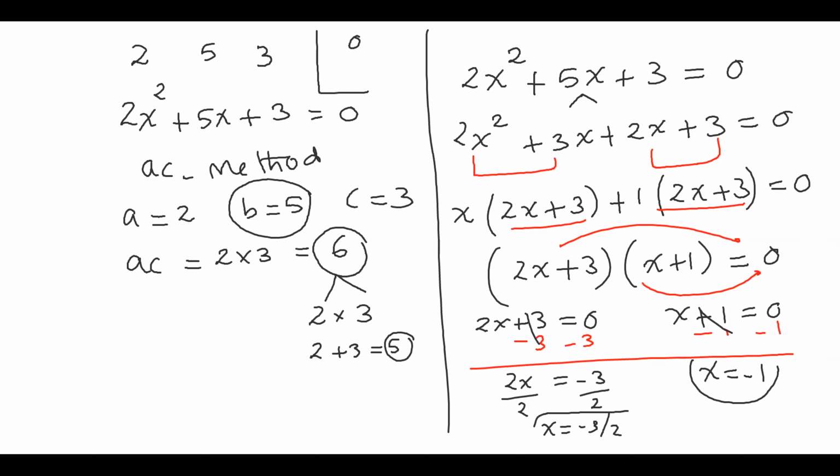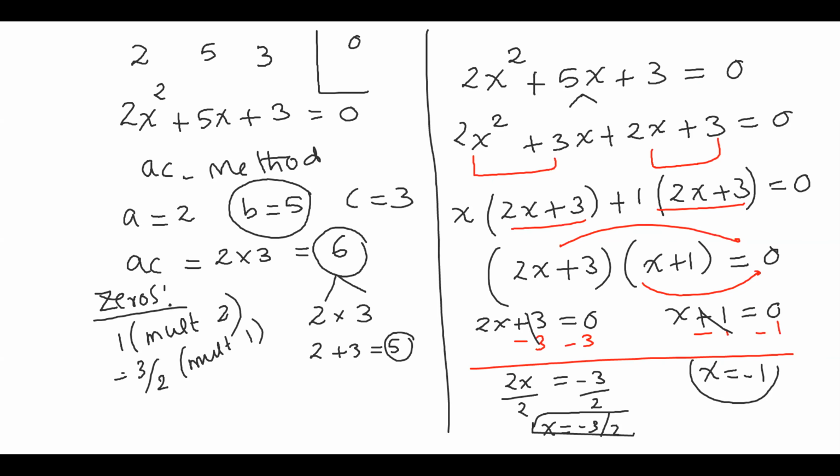In the beginning, we got x minus 1. 1 is a 0, and we got that twice. So the multiplicity is 2. Here we have -3/2 as another 0, and the multiplicity is 1. And -1 is also a 0 of multiplicity 1.